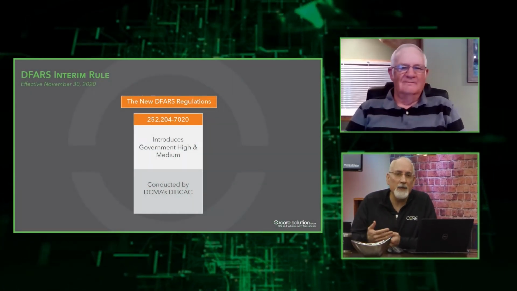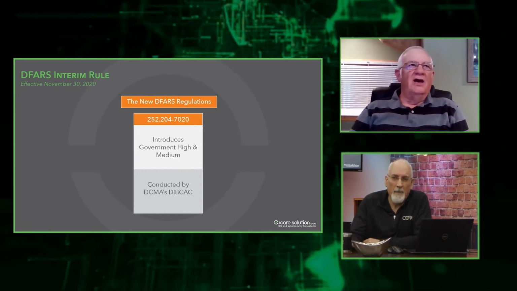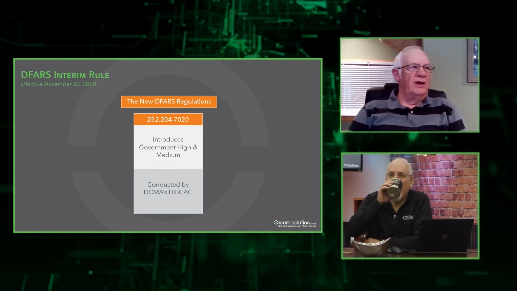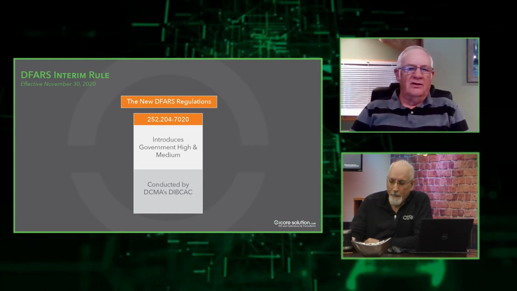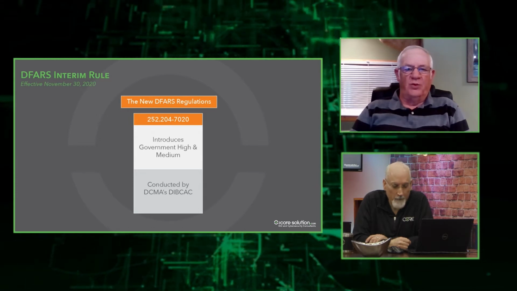That is the requirement for the government to do some spot checks or their own audits of these scores, right? That's 7020. Yes. I look at this as an interim check until the CMMC becomes a viable thing for everyone.